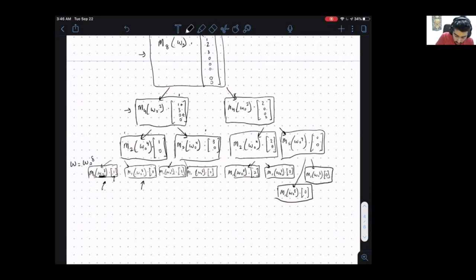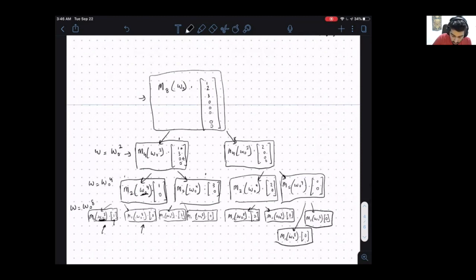But at this level of the subproblem, all the omega naughts were omega naught to the 4, so when we're computing these subproblems, our omega is going to be omega naught to the 4th. Similarly, for this level, omega is going to be omega naught squared. And for the original problem, when we're combining these two subproblems together, the omega we're going to use is just the original omega naught.